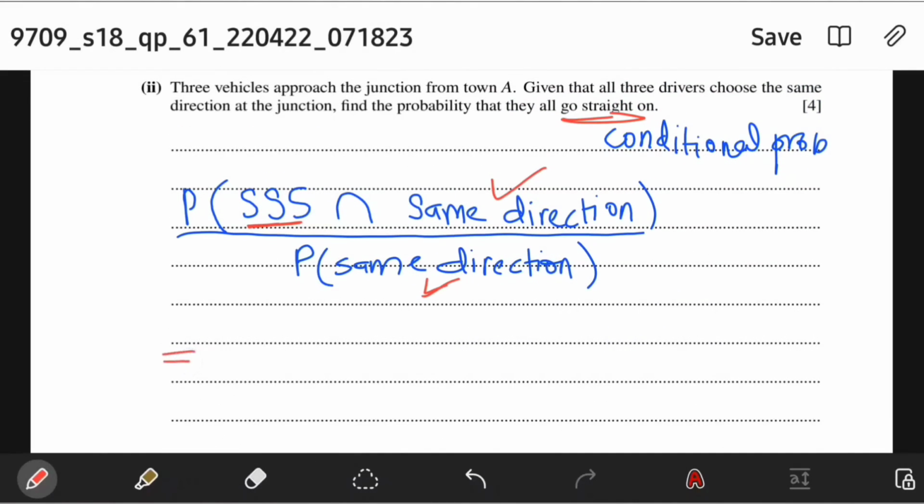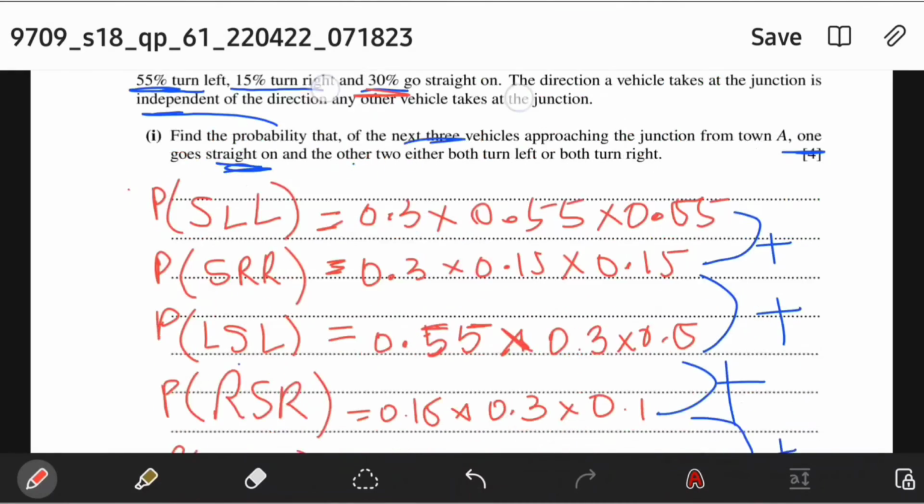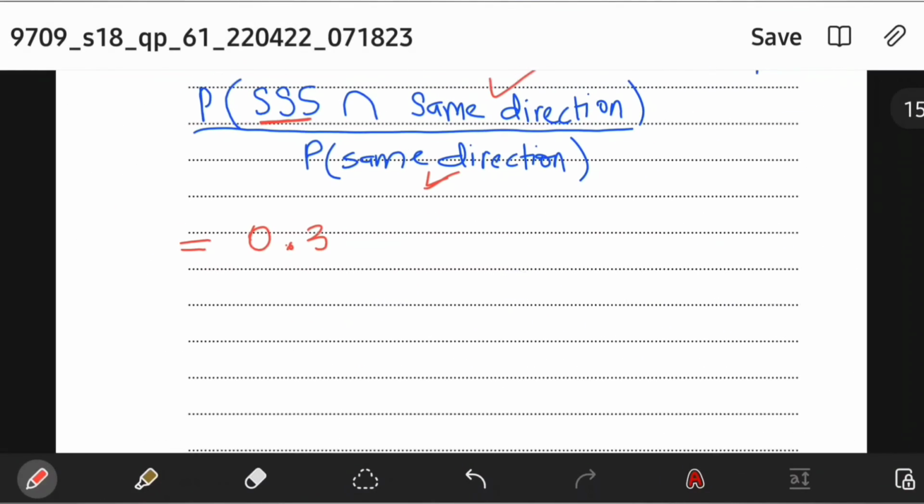For straight on, it would just be 0.3, since the probability of going straight on was 0.3, into 0.3 into 0.3. Make sure you do this according to this intersection sign over the same direction.